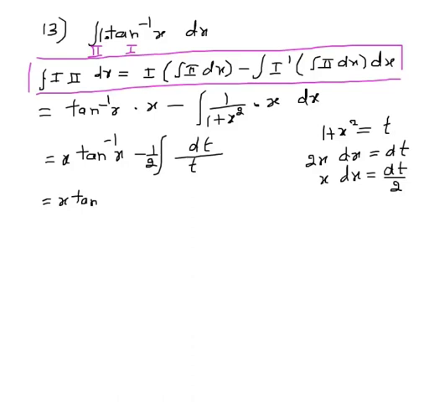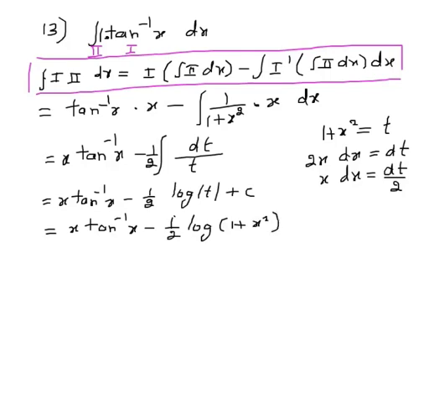X tan inverse of x minus integral of 1 by t is log of absolute value of t and plus c. Let us substitute for t. Log of 1 plus x square is positive. X square is positive and we have plus sign, so I need not write the absolute value sign.